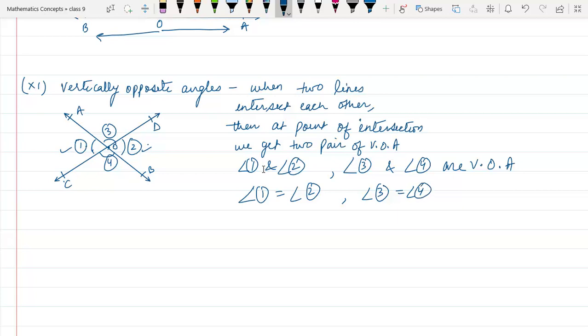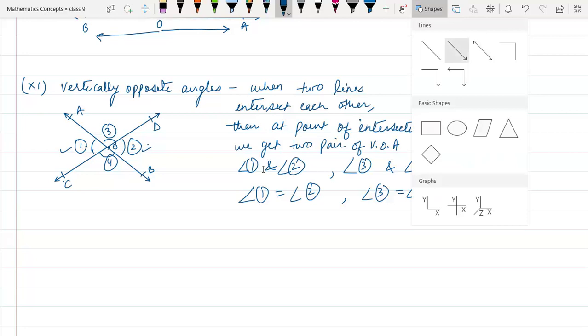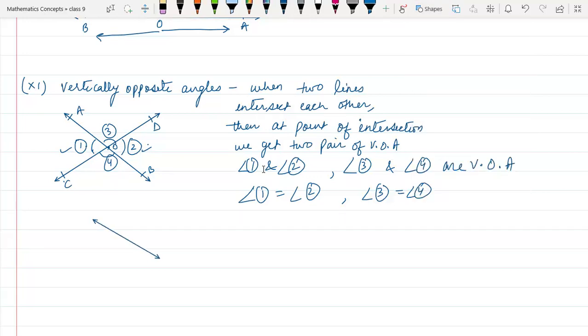Now, if someone gives you a question like this, one straight line and two rays.